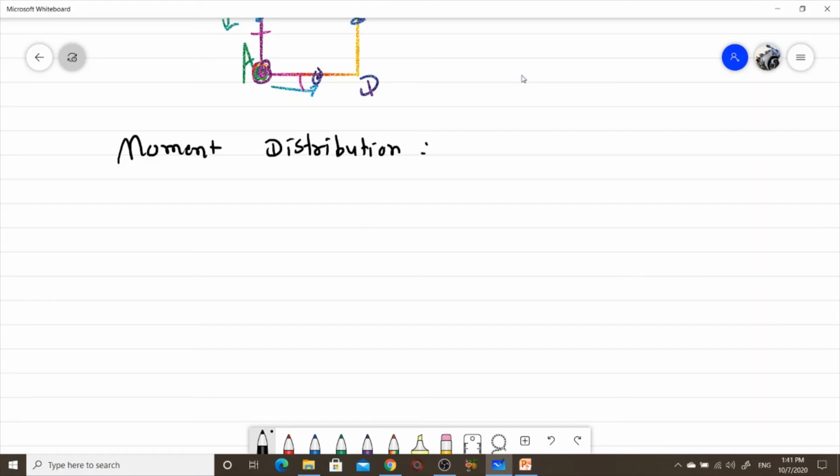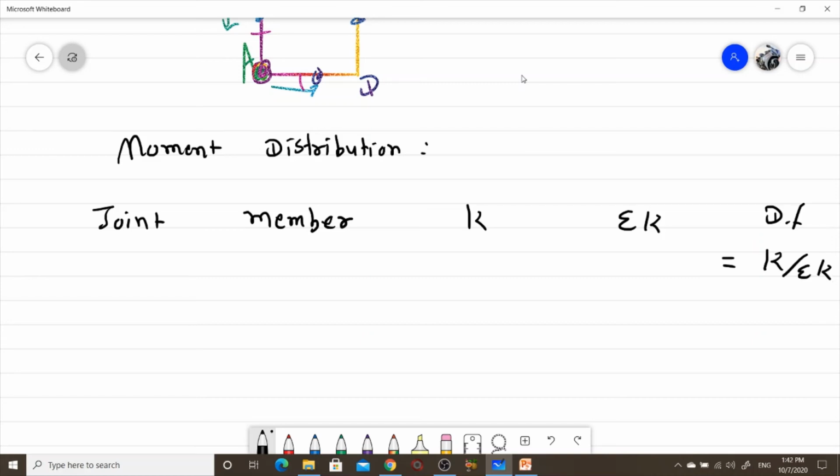For the moment distribution we find the distribution factor via joint, member stiffness and summation of stiffness. The distribution factor is equal to k divided by summation of k. First is joint A. At joint A we have two members, AB and AD.